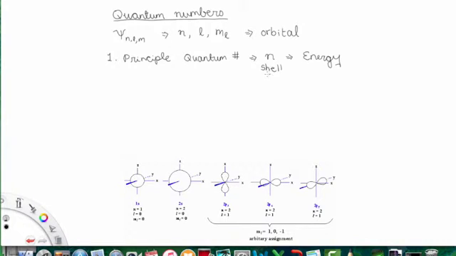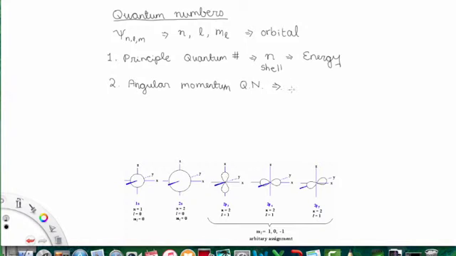But to fully describe the shape and orientation of a wave function, you need two more quantum numbers. So the next one is l, or the angular momentum quantum number, which I'm just going to write as Qn.